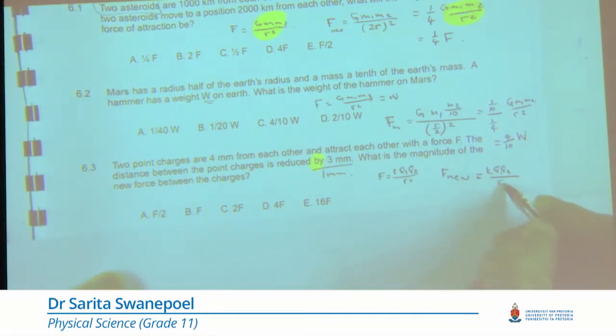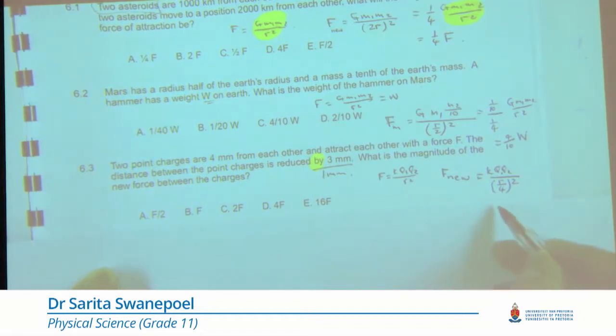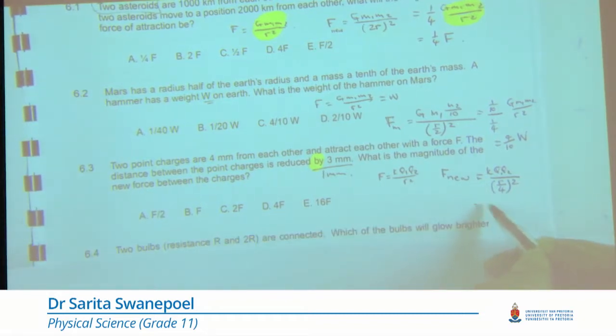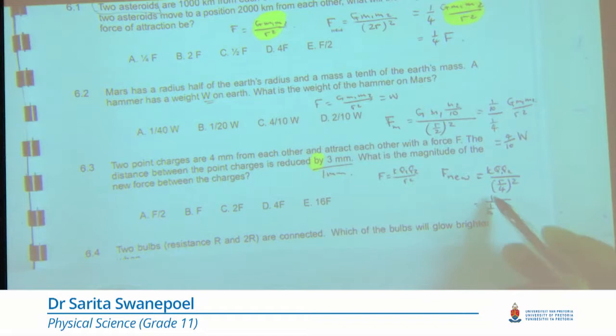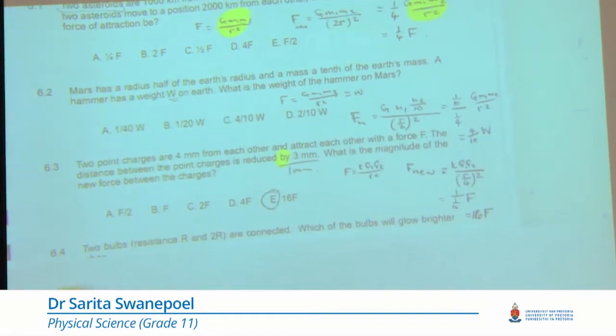So I'm putting in 1/4 of what I used to put in. If you square that, you end up with 1 over 16 times the old F. And 1 divided by 1/16, if you divide by a fraction, you're actually multiplying by the inverse, so you end up with 16F. And that's why the answer was E, 16F.